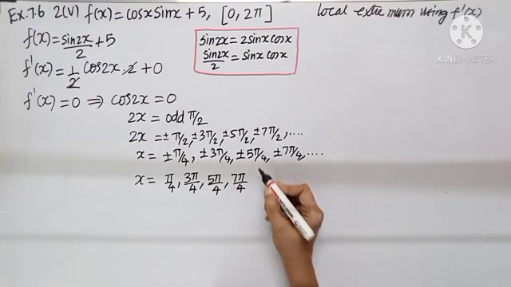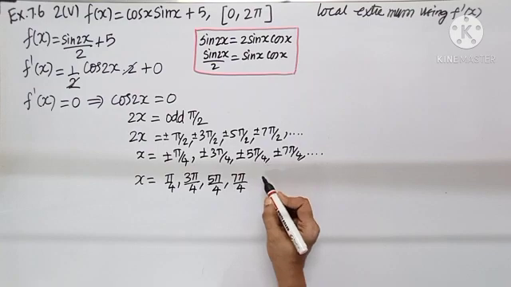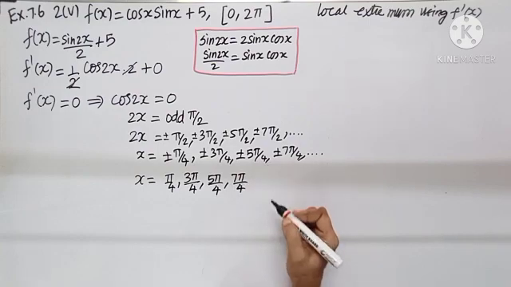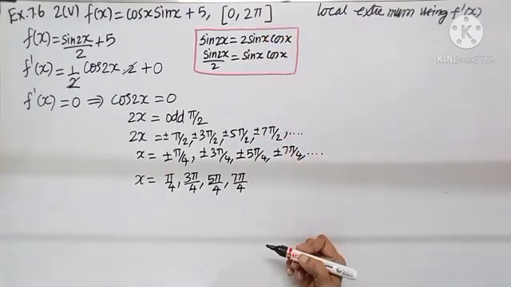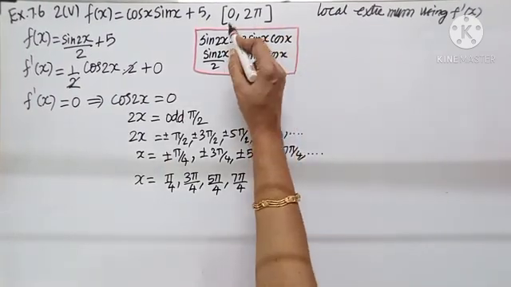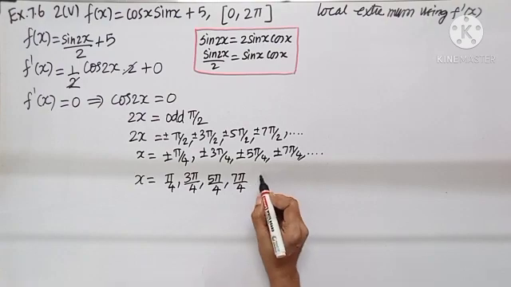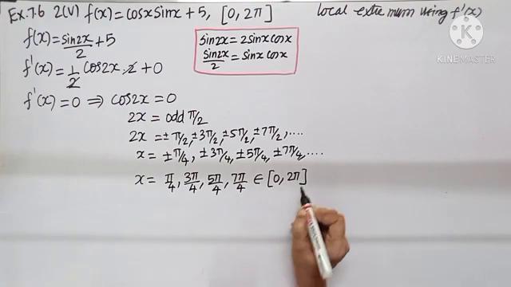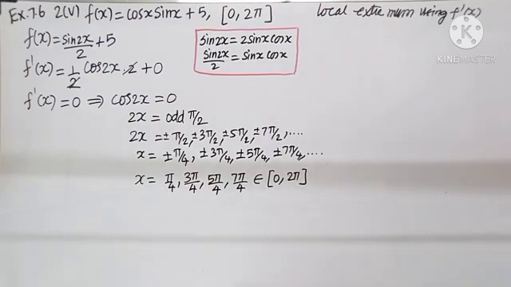The next number is 9 pi by 4, which is more than 8 pi by 4, that is 2 pi. So, my question is 0 to 2 pi, so stop with this. These are the critical values.